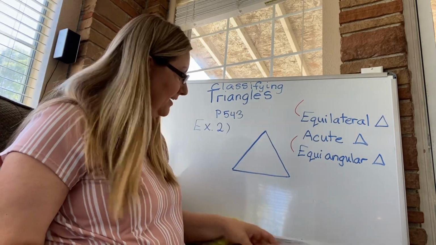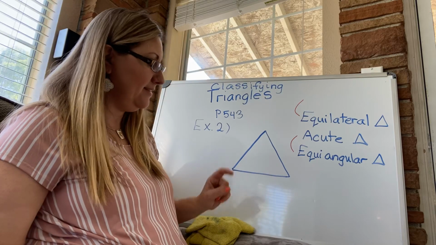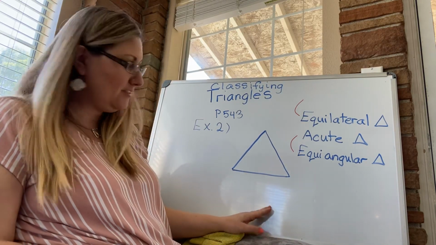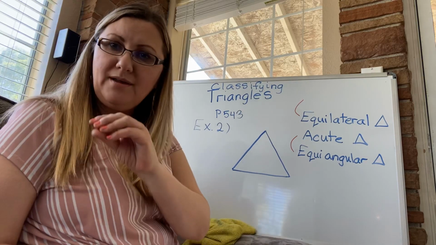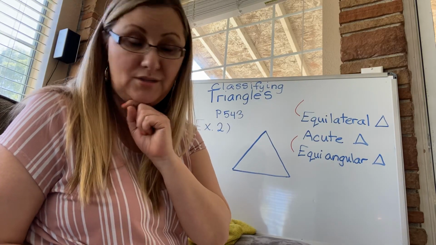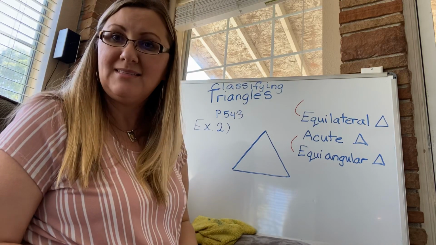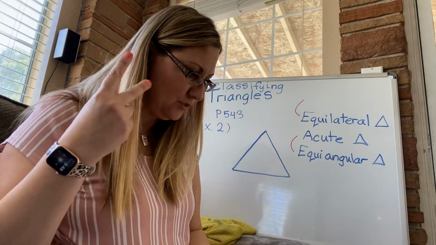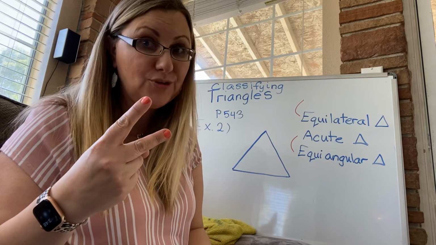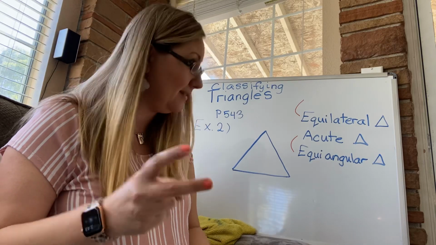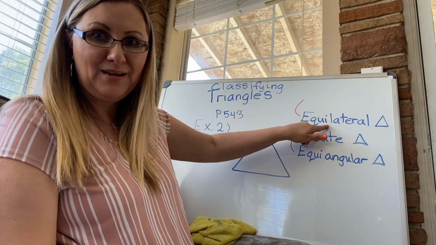And we see here that this can also be called an isosceles triangle because it has one particular thing that is very important to make it an isosceles triangle, which means that at least two sides are exactly the same. It could be more than two, it could be all three, which would make it equilateral.